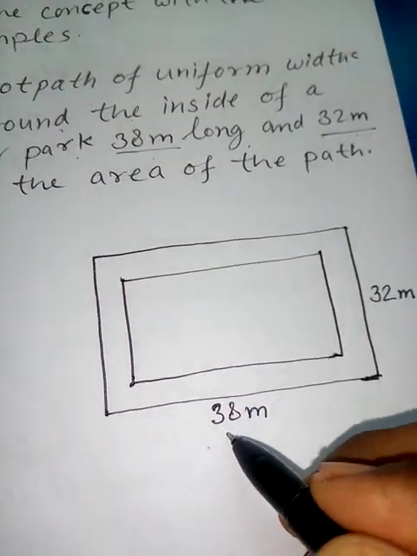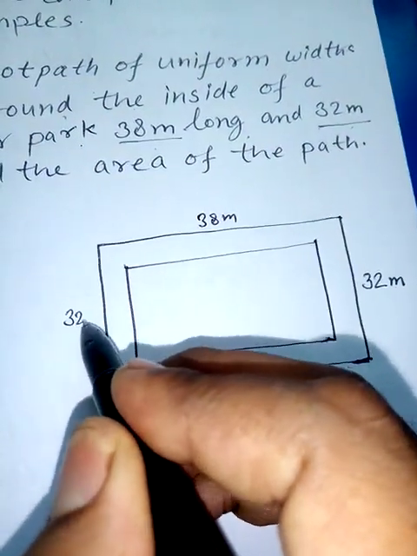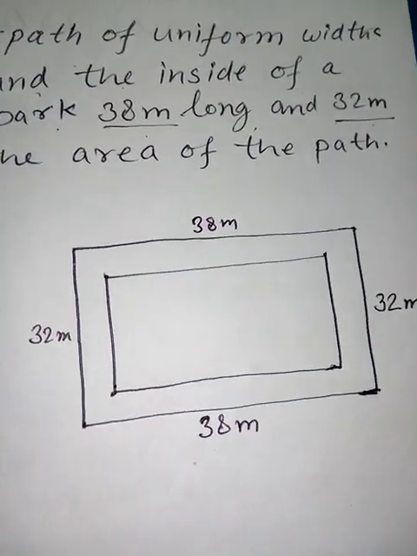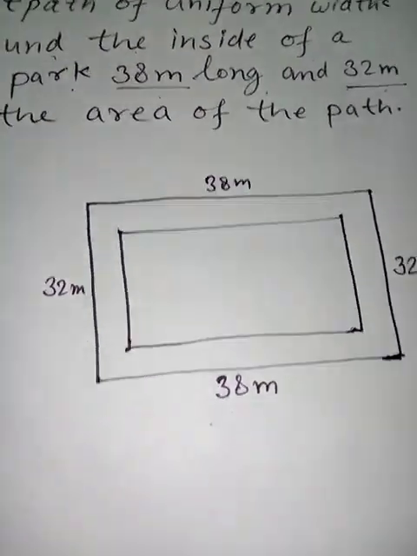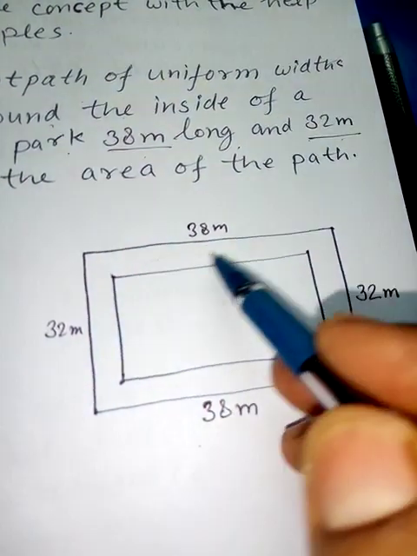And you know, this is 38 meter and this is 32 meter, and now we have to find the area of this path, which is shaded in red color.